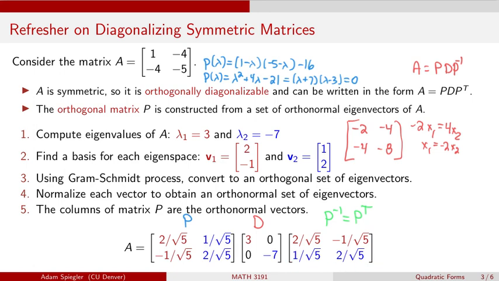So here's this really nice property: when we diagonalize symmetric matrices, we can choose our matrix P so that it's an orthogonal matrix. And now let's see why this diagonalization of symmetric matrices is particularly nice when we apply it to quadratic forms.